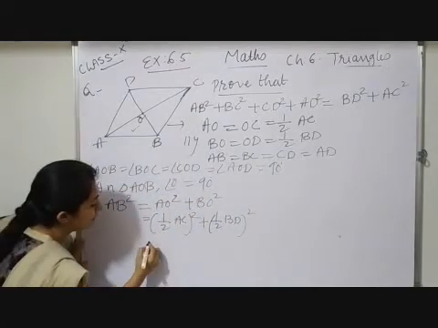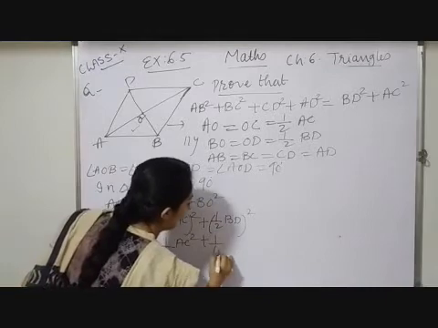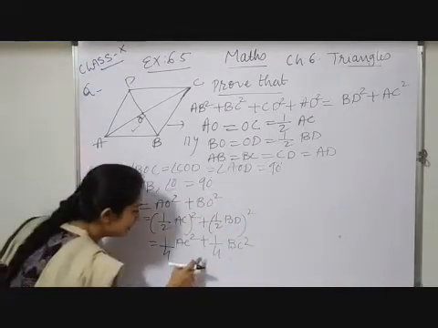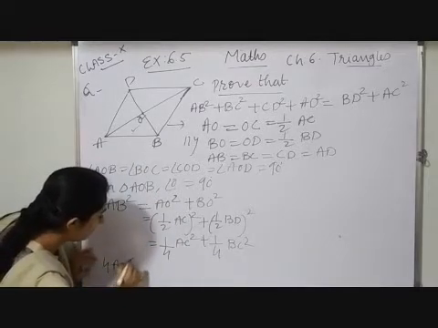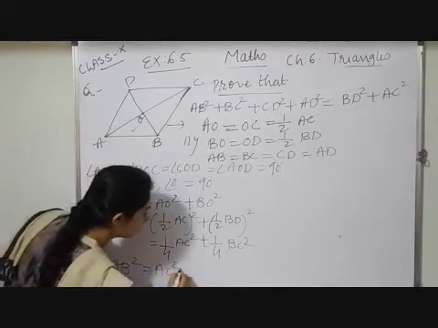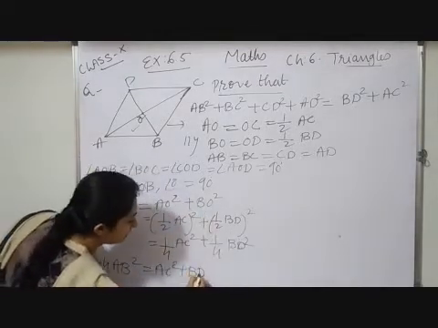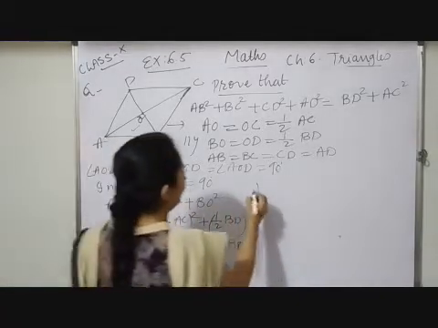If I open this bracket, I will get 1 by 4 AC square plus 1 by 4 BD square. And if I take 4 as the LCM, this 4 will be multiplied here and I will get 4AB square equals AC square plus BD square.